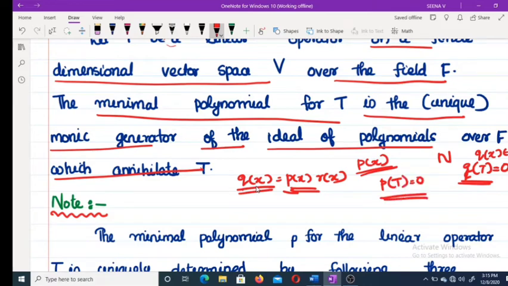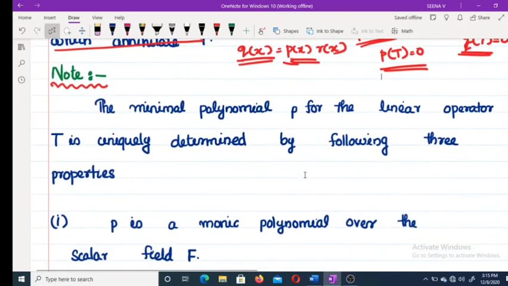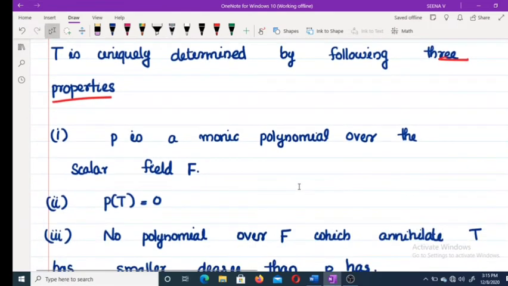Now note 2. The minimal polynomial P for a linear operator T is uniquely determined by the following three properties. P is a monic polynomial. P of T must be equal to 0.